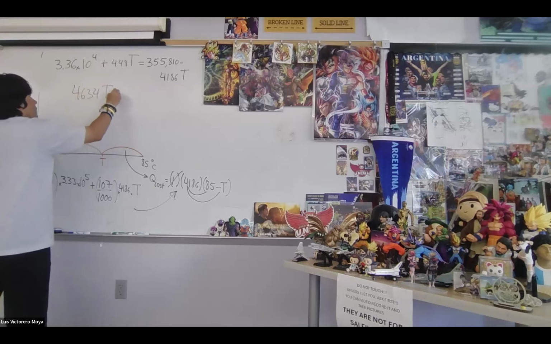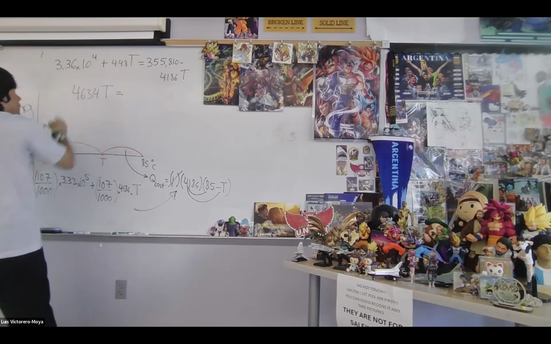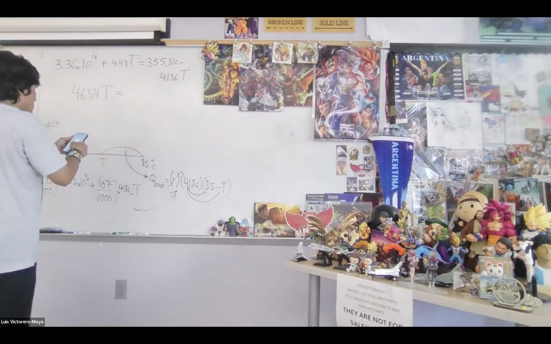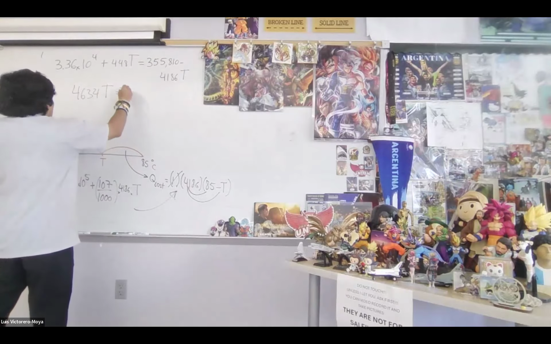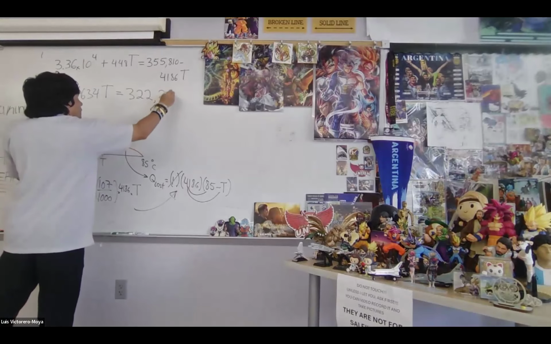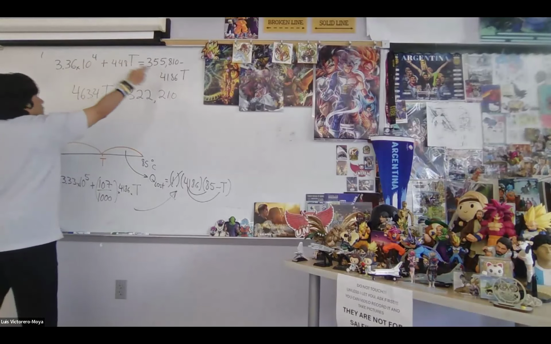That will give me 4,6,3, as positive. And this, let's see. So I get 322,210 when I do this minus 6. So this goes to this side.